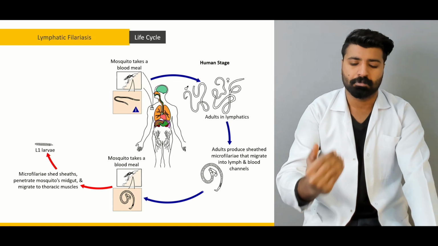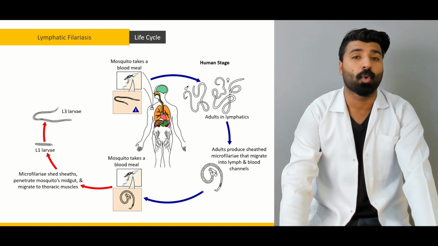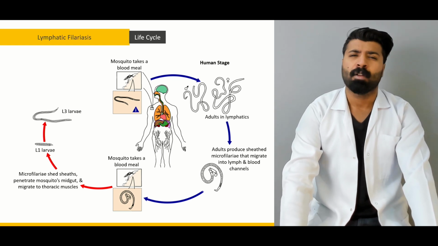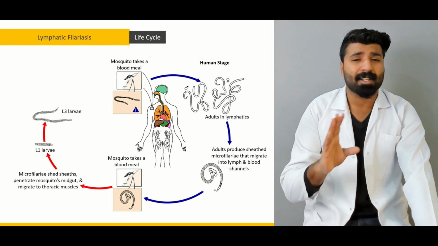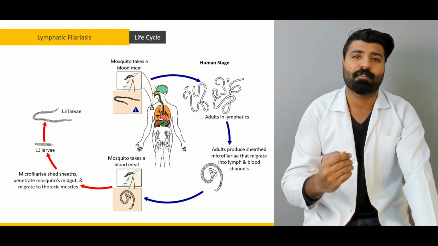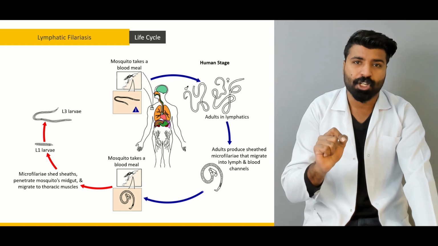Next, they move into the stage of L1 larva. Next, they move into the stage of L2 larva. Next, they move into the stage of L3 larva. And all of you who have studied parasitic infections must know that L3 larva is the mature larval stage that can cause pathology in your systems.